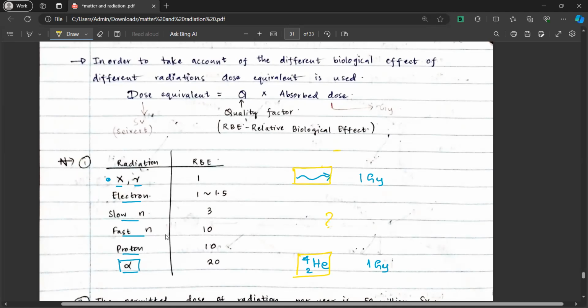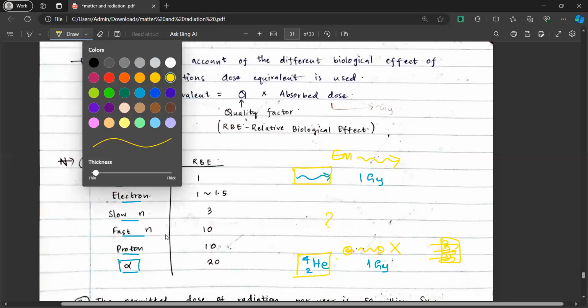No, right? This is just electromagnetic radiation, so it will pass through the body. Its harm is less. But this is an alpha particle, which is larger in size. It cannot go through the body. It cannot penetrate. So it is just like hitting your surface or your skin.